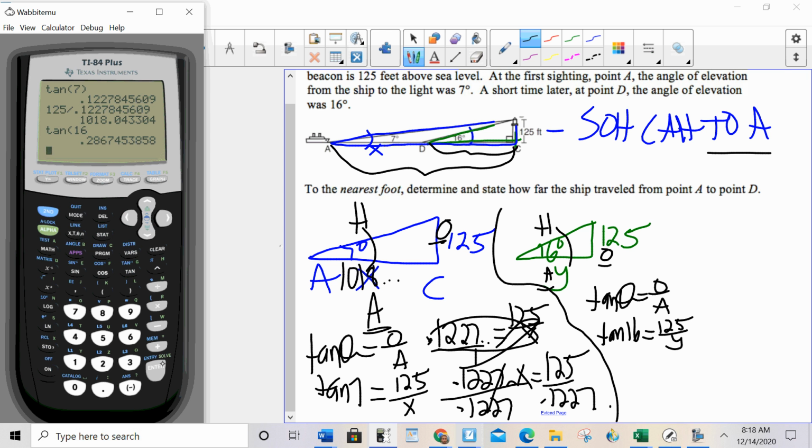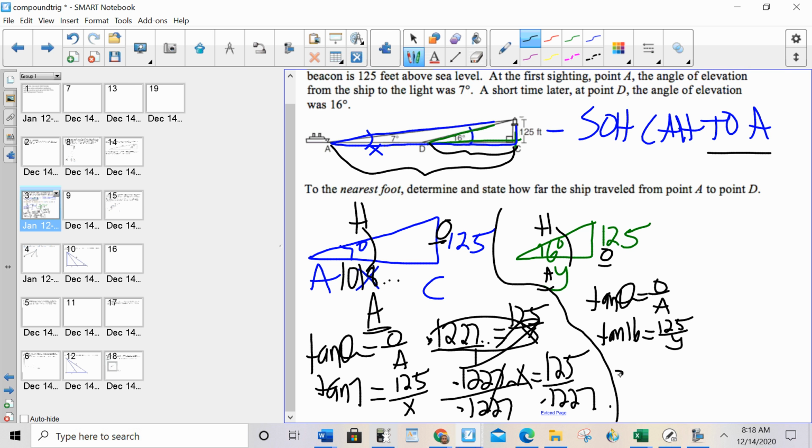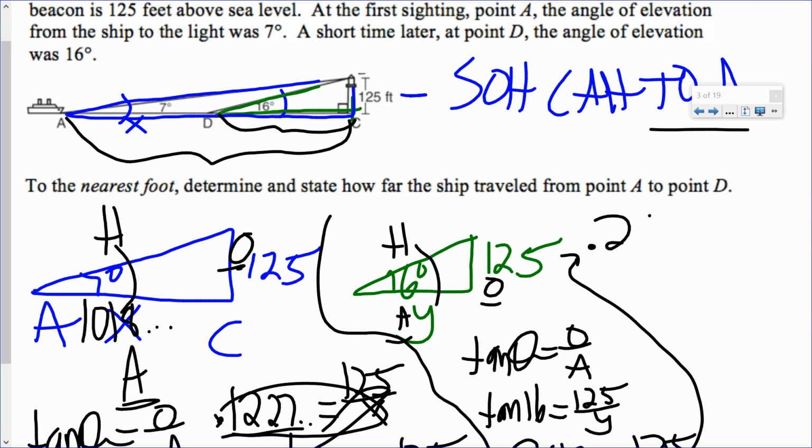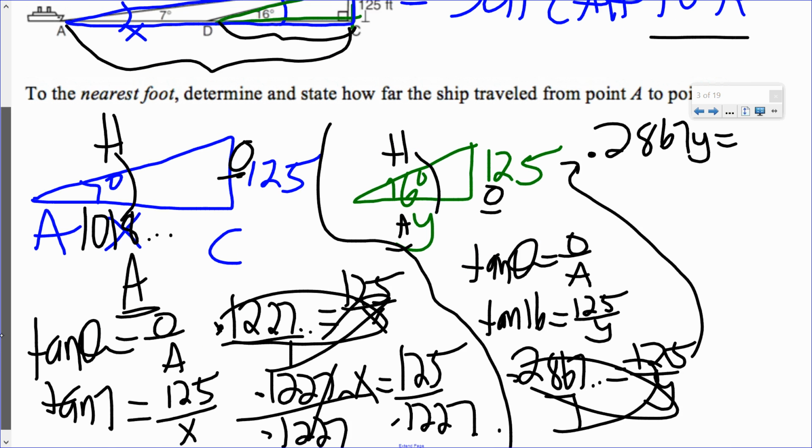I got 0.2867 dot dot dot equals 125 over Y. Cross multiply. 0.2867Y equals 125.